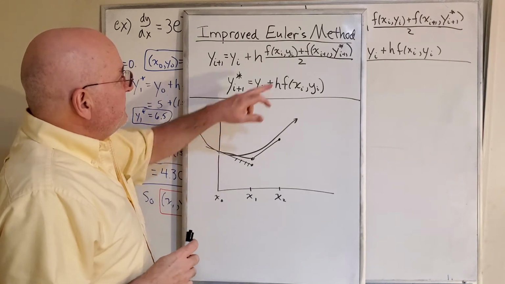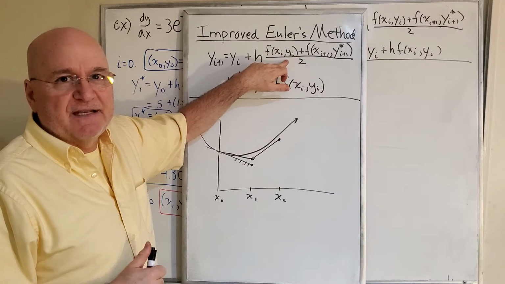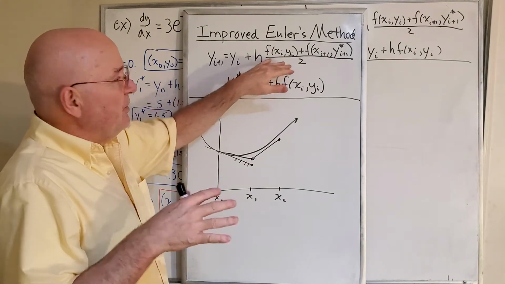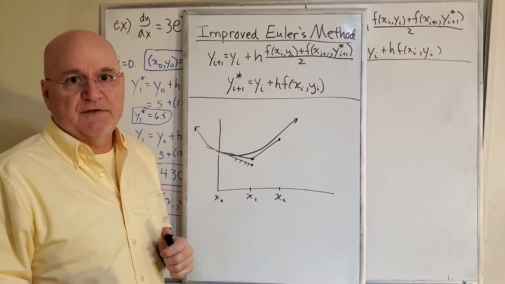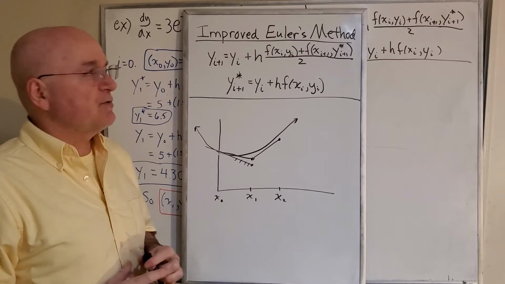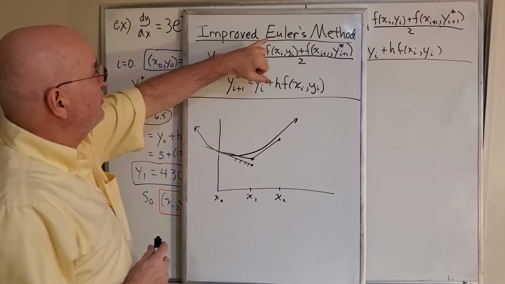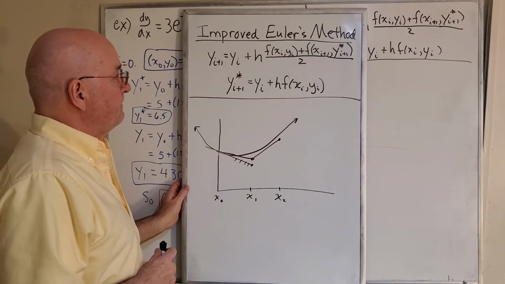And this, which does not have any new derivative in it, is very, very close to a second order estimate, which is excellent compared to a first order estimate. So we're getting a lot of improvement from the old Euler's method into the improved Euler's method.